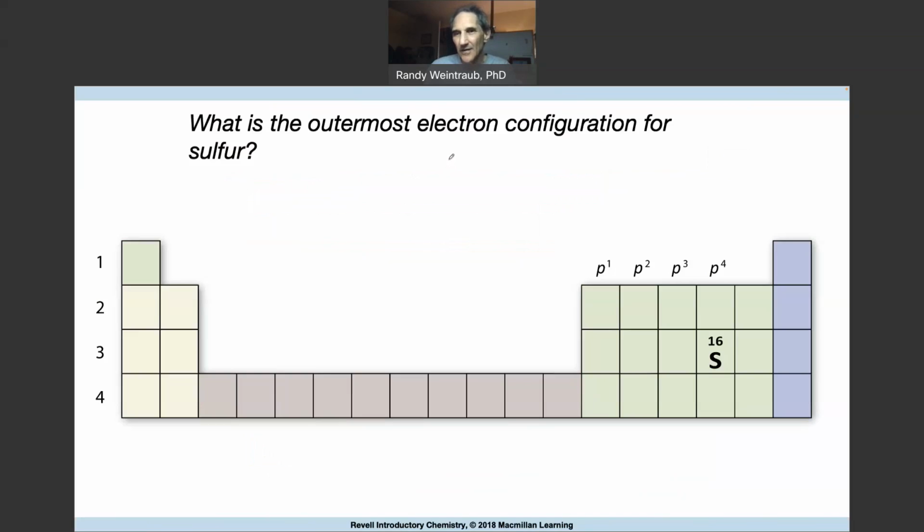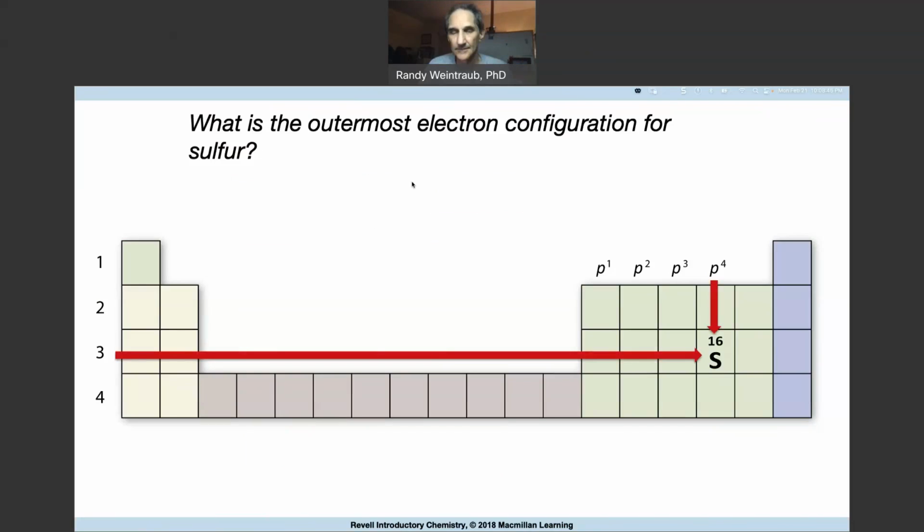As you become more comfortable with the organization of the periodic table, consider sulfur in period 3.